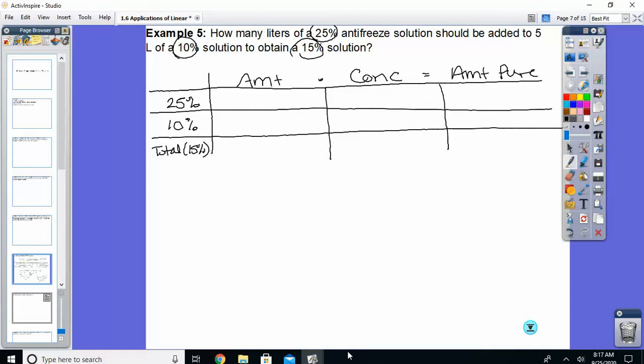Now, we just have to start filling in the gaps. So the question starts out, how many liters of a 25% solution? So I don't know it. That's my X.